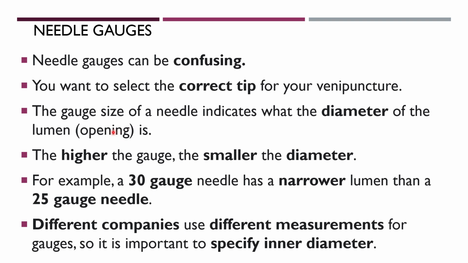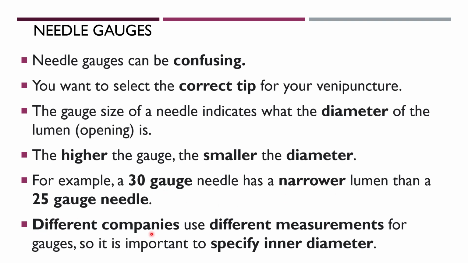The needle gauge is inversely related: the higher the gauge, the smaller the diameter of the lumen. That means, for example, a 30 gauge needle has a narrower lumen, or opening, than a 25 gauge needle. So whenever we reduce the gauge size, it becomes wider and wider.